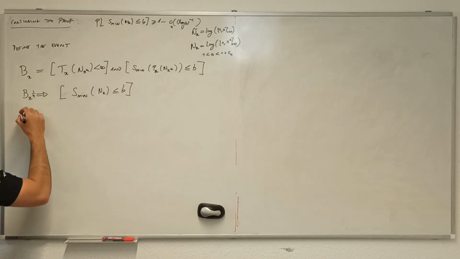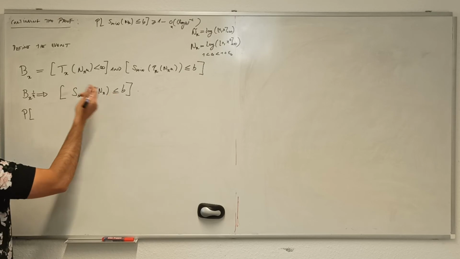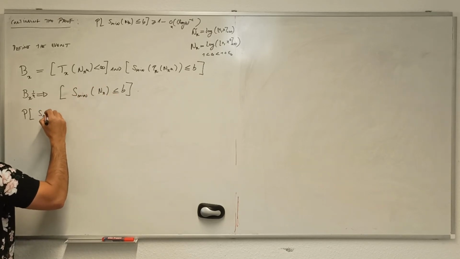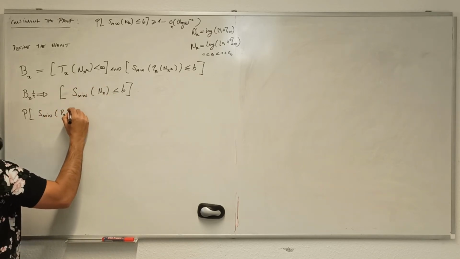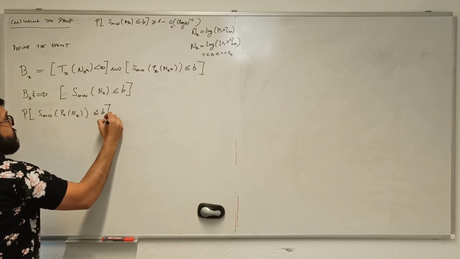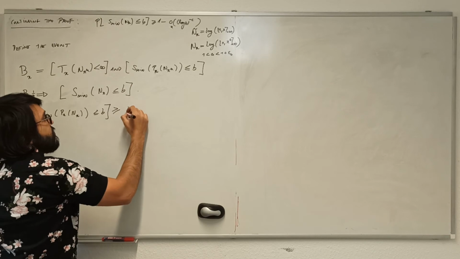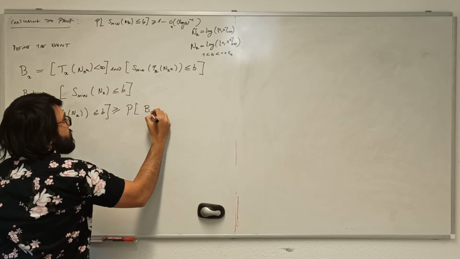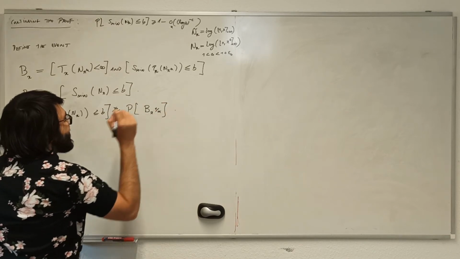So in particular, the probability we want to estimate is greater or equal than the probability for 1 over alpha.